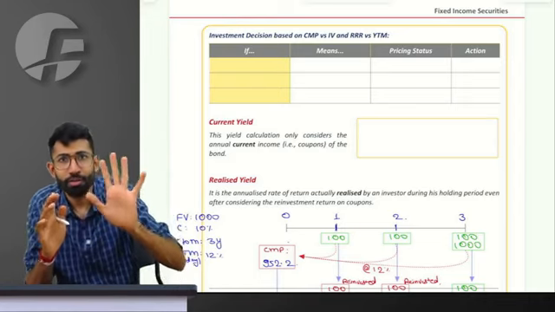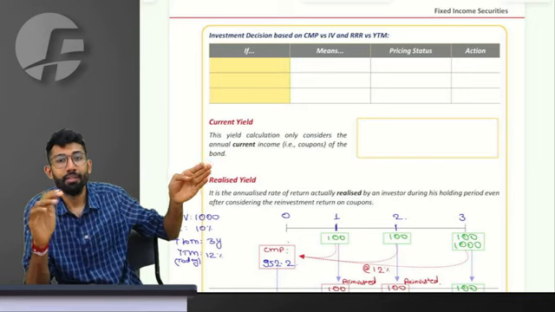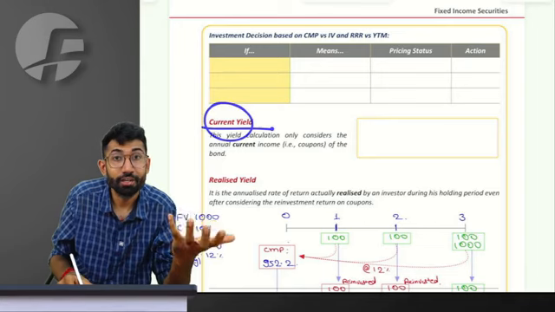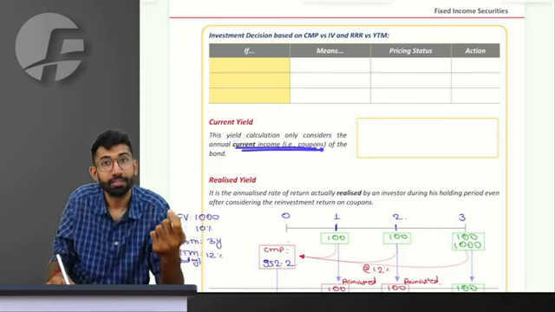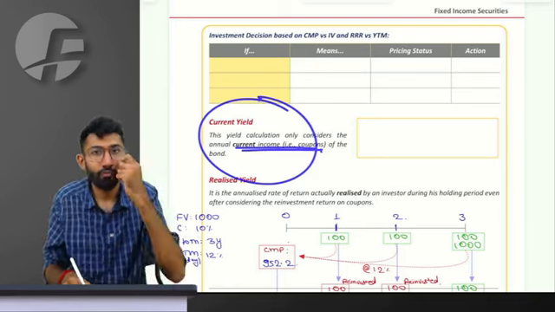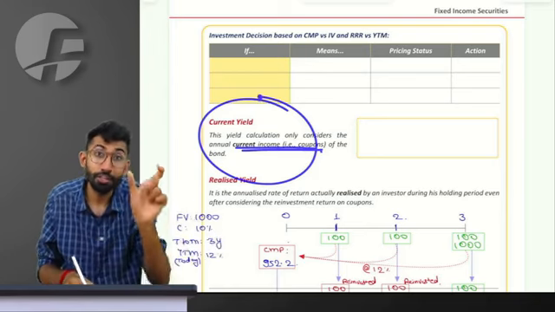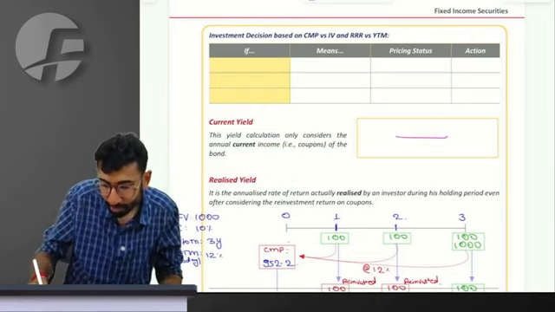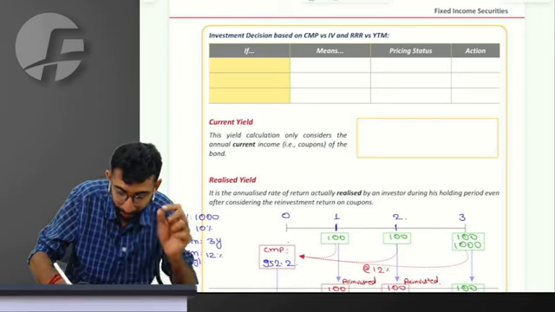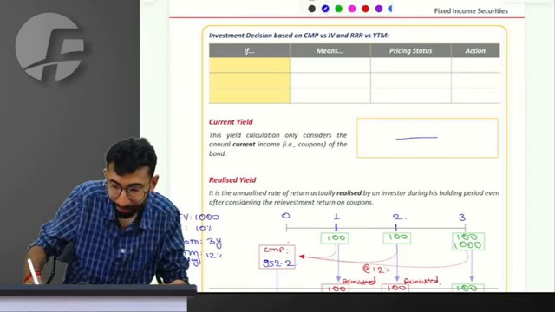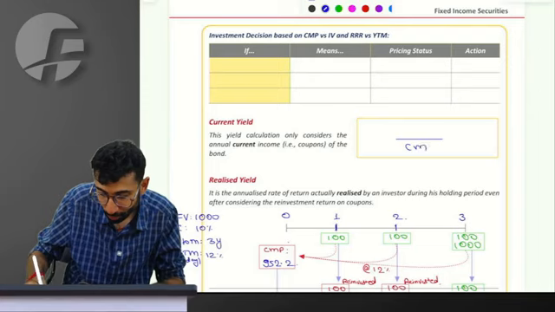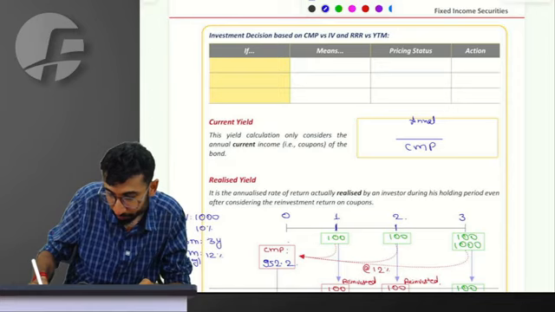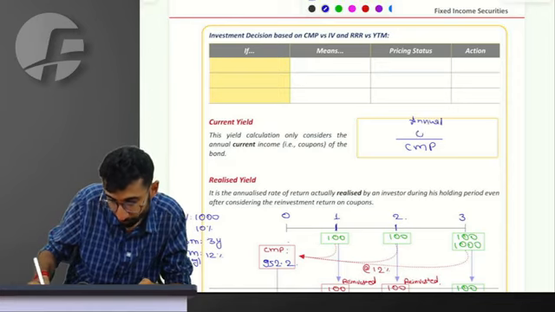So capital gain is not your current income, that you receive only at the end. The income which is current, which you receive every year, is the amount of coupons, right? So in this case, the formula ignores the capital gain and considers only your current income, which is the coupon amount. In the denominator comes the amount of investment, the CMP, and in the numerator comes the amount of coupon, only the coupon.